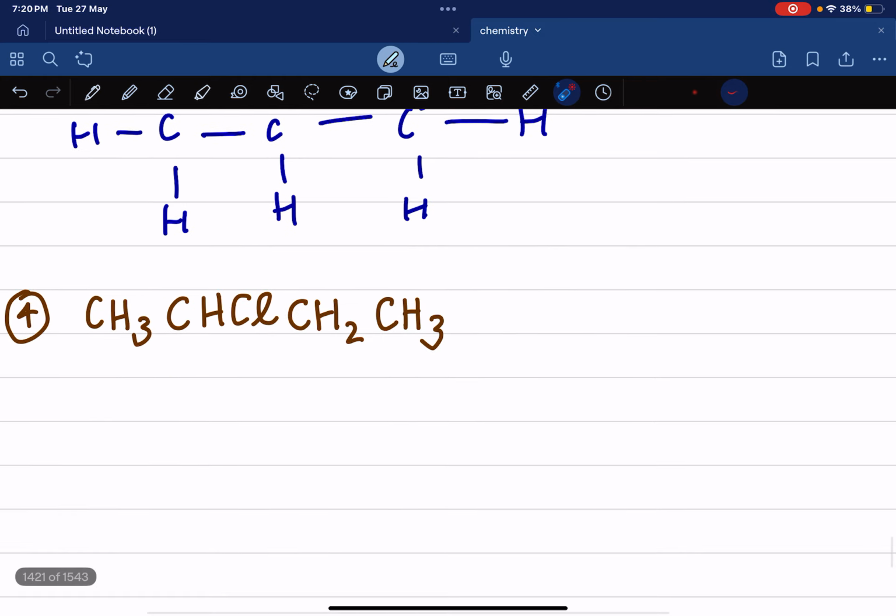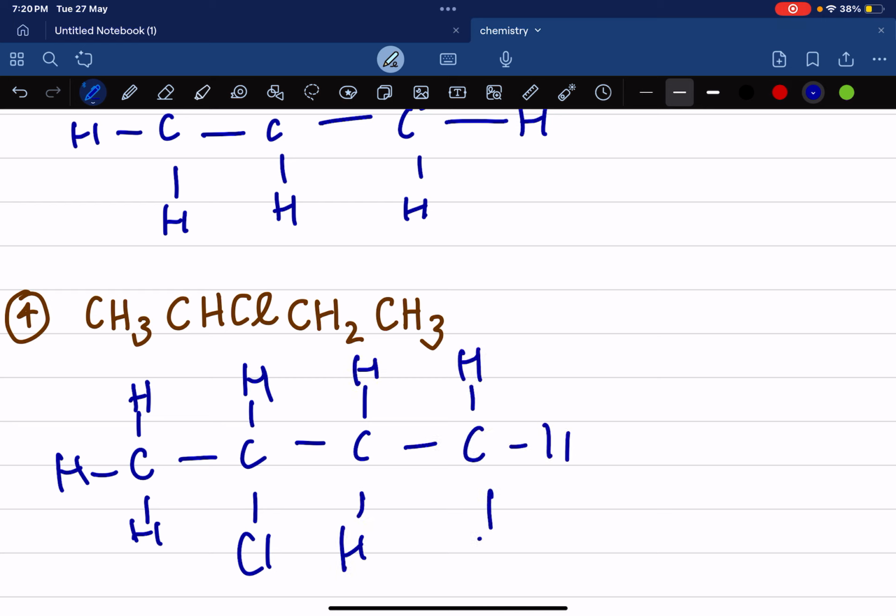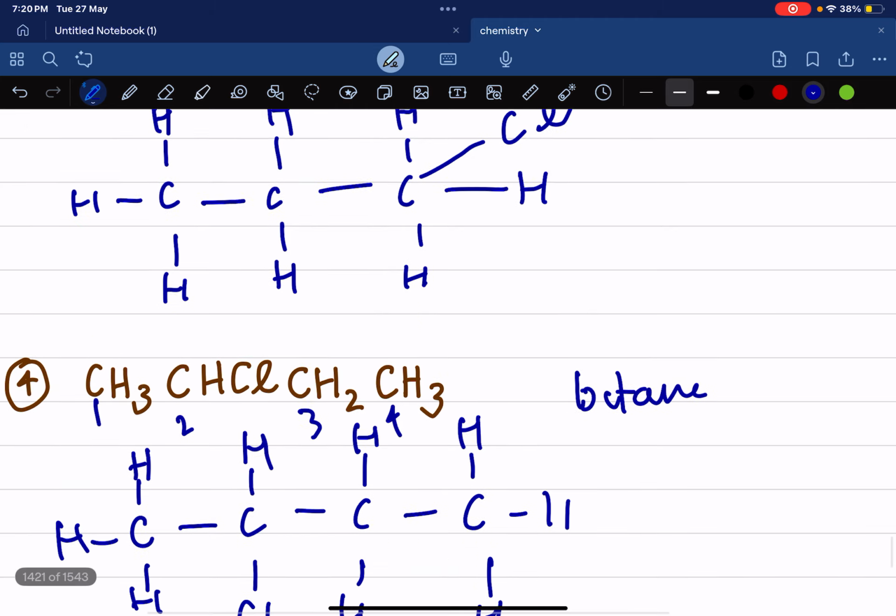But still, we have to draw the structures for the sake of drawing structures. Again, we have CH3, then C, H, Cl, then C, H, H, then C, H, H, and H. So a total of 1, 2, 3, 4. Wasn't it propane? This is butane, so exceeding the number of carbons.